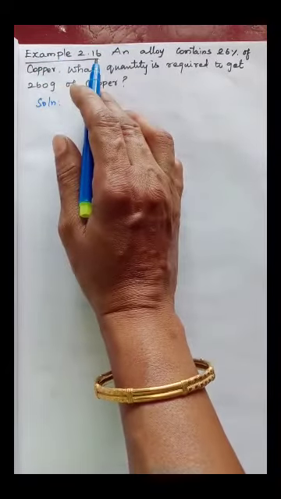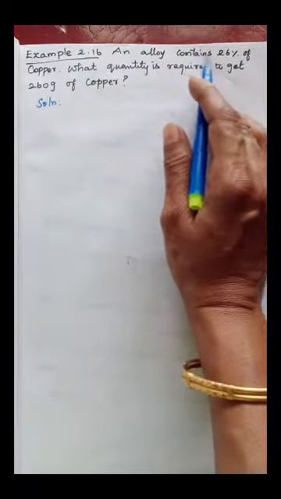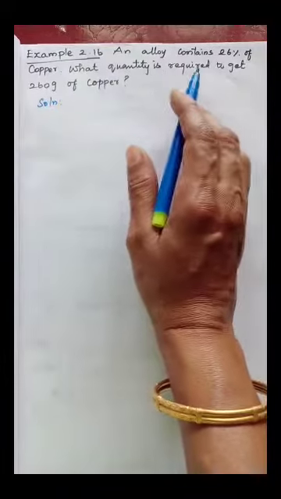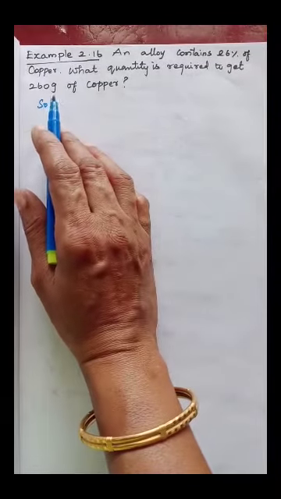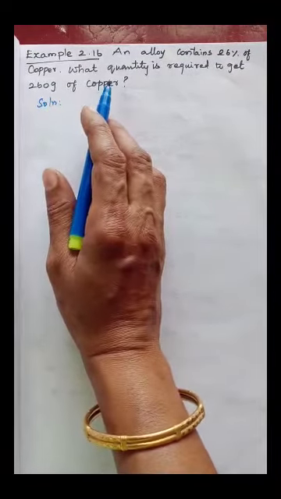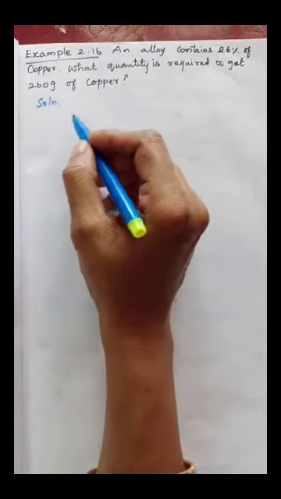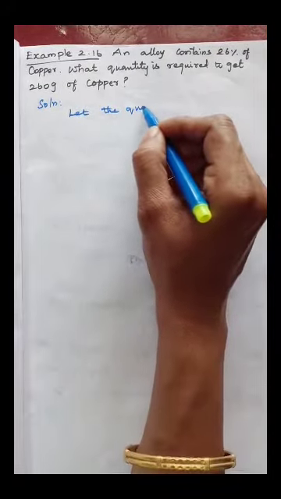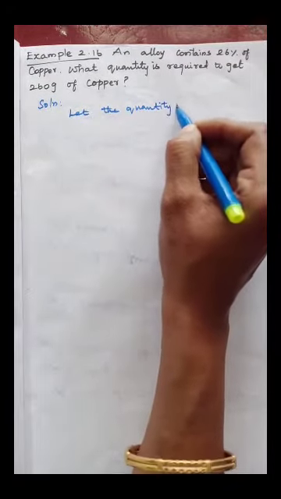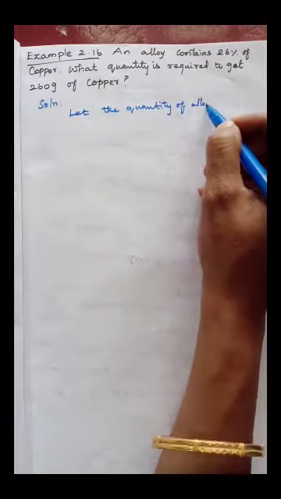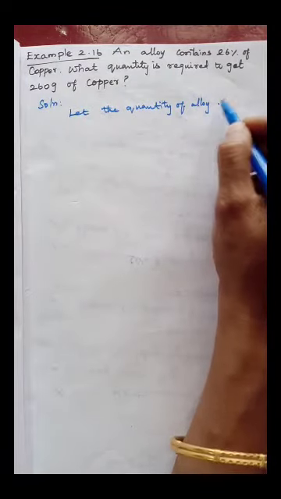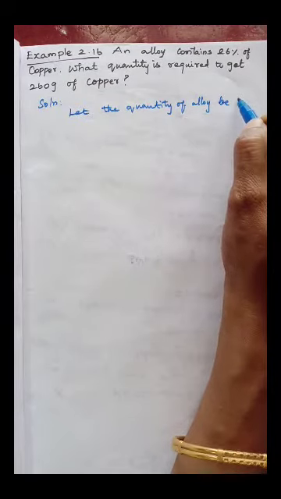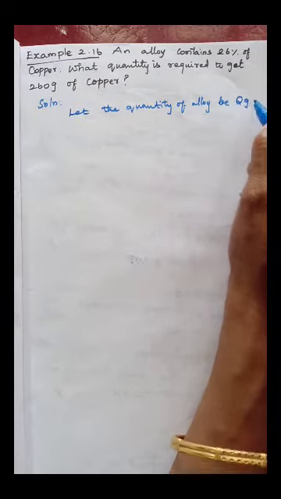Example 2.16. An alloy contains 26% of copper. What quantity is required to get 260 gram of copper? Solution. Let the quantity of alloy be, we shall take that as Q gram.